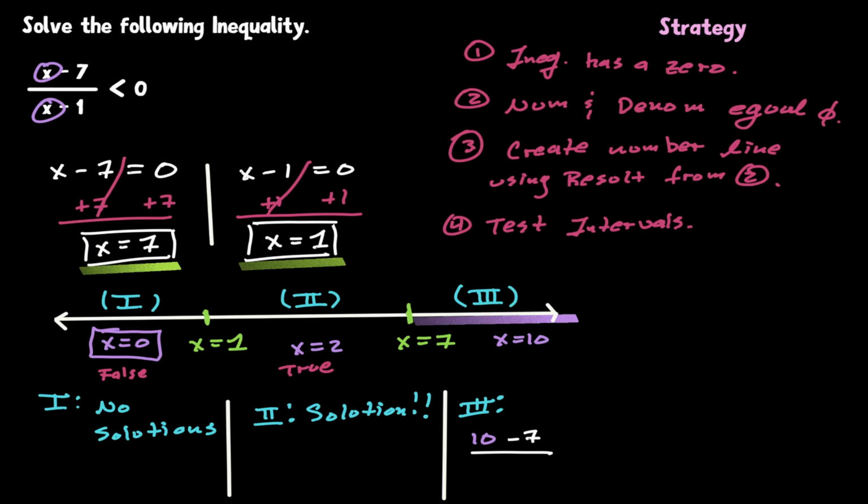And on the denominator, we're going to get 10 minus 1. So here we're going to get 3 divided by 9, which is essentially 1/3. But notice that the value of 1/3 is definitely not less than 0. So this is false. And because we obtain a false statement, then we know that any value that is greater than 7 will not be considered as part of my solutions.